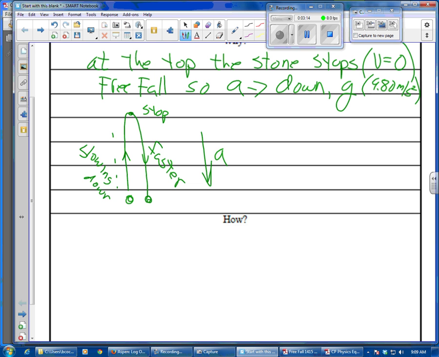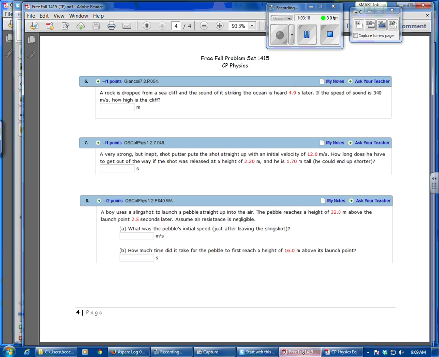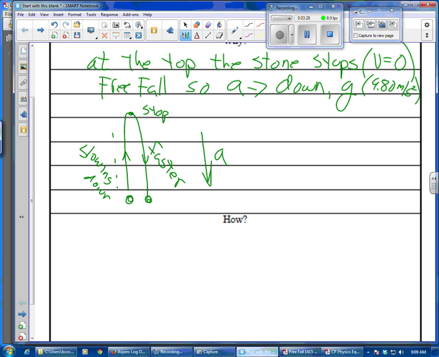Let's think about some other facts that they told us. They told us it's 32 meters up there, and it takes 2.5 seconds to get there.